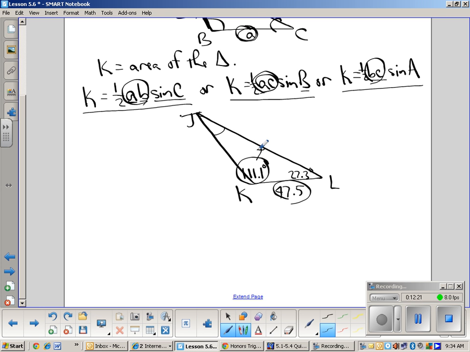Okay, so if I apply this, I'm going to say, let's just call this x. I'm going to say x over sine of 111.1 equals 47.5 over, what's that angle? 41.6.